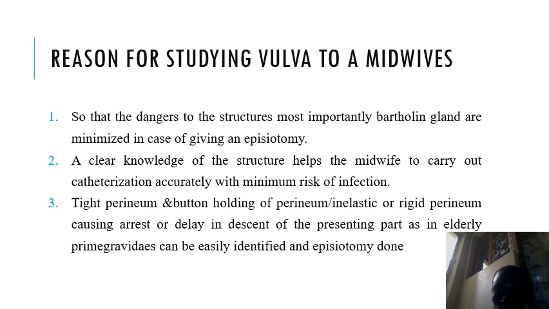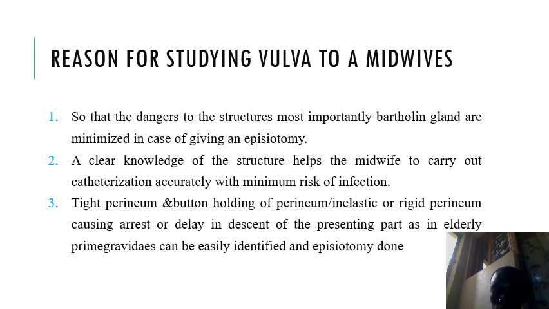Remember, the Bartholin gland produces secretions which help to lubricate during sexual intercourse. And then clear knowledge of the female external genitalia also helps in catheterization with minimum infection. So you are able to locate the urethral meatus and insert the catheter without difficulty. That helps to minimize the risk of infection.